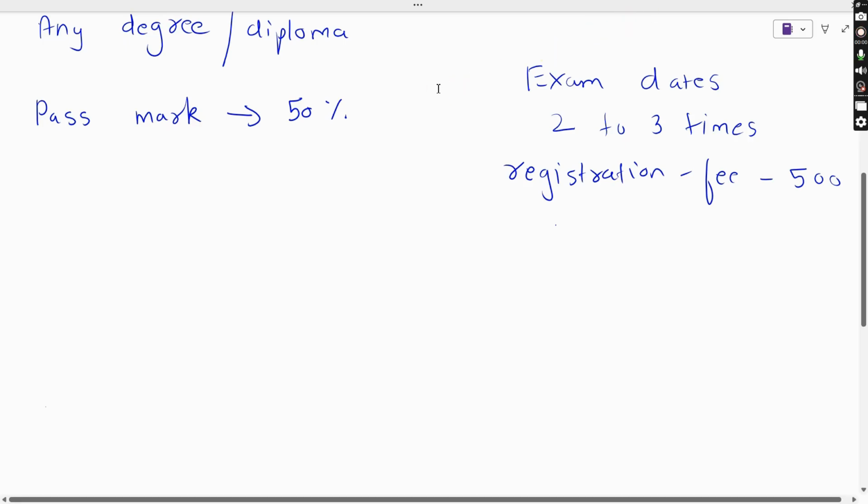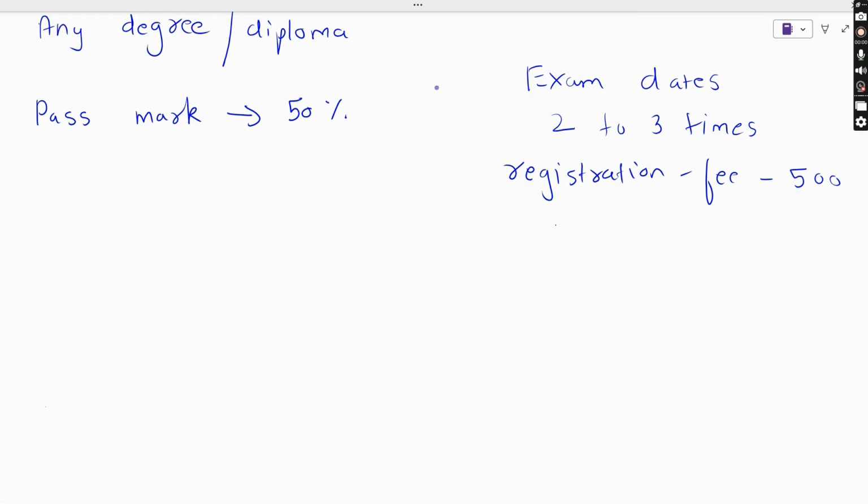And after the registration fees, let me clarify that in this 50% pass mark, there will be no negative marking, and after that it will be a home based online examination. Yeah, we have to sit at home and give the ACET examination, basically home based online.